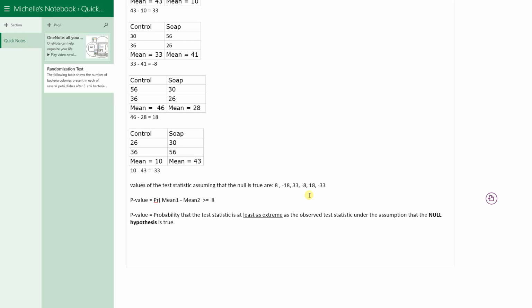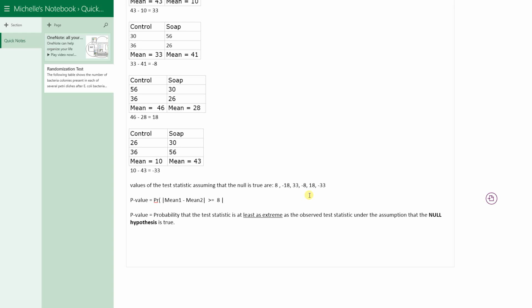We could just write that as: we want the absolute difference to be more than 8. The distance from 0 is more than 8.